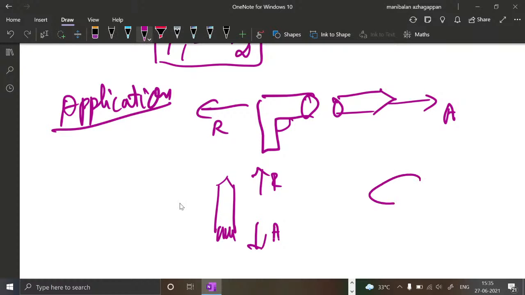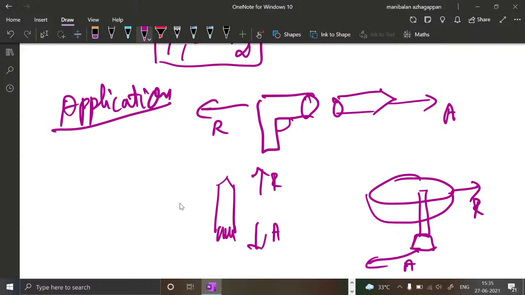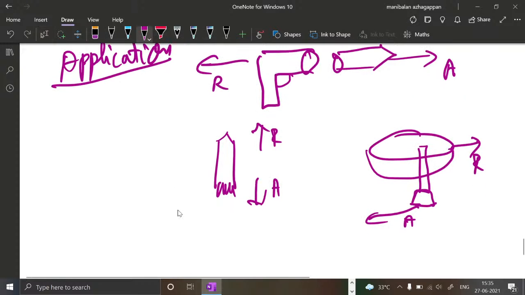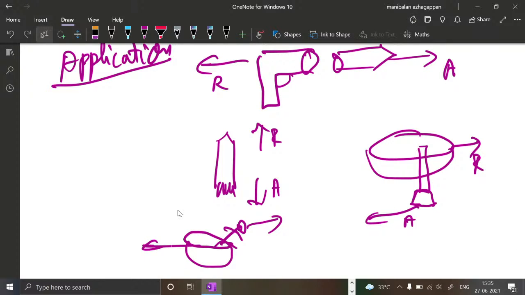Then we have a boat. You are pushing the water backward, it's called action. The boat is moving forward, which is called reaction. When a person is jumping from the boat, he moves forward, the boat moves backward. The jumping is action, and the boat moving backward is reaction.